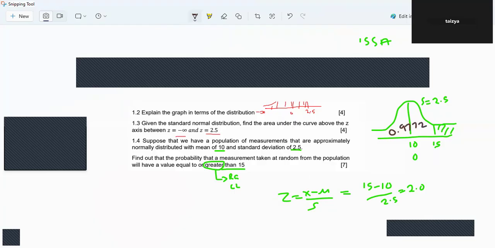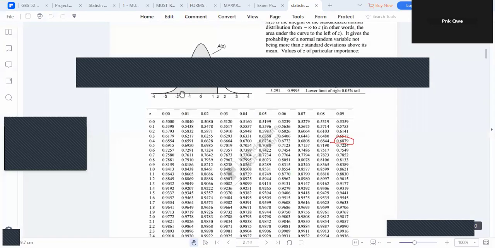You don't remember this? Unless we check the Z score. Here is the Z table. Show me the reading for 2. 0.9772. Correct.